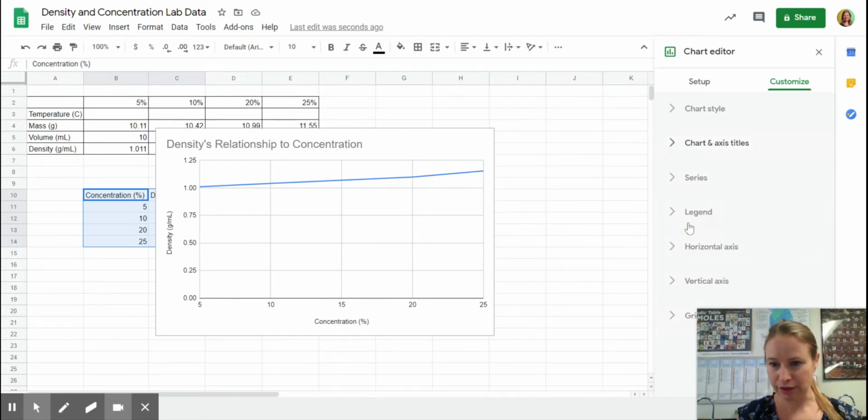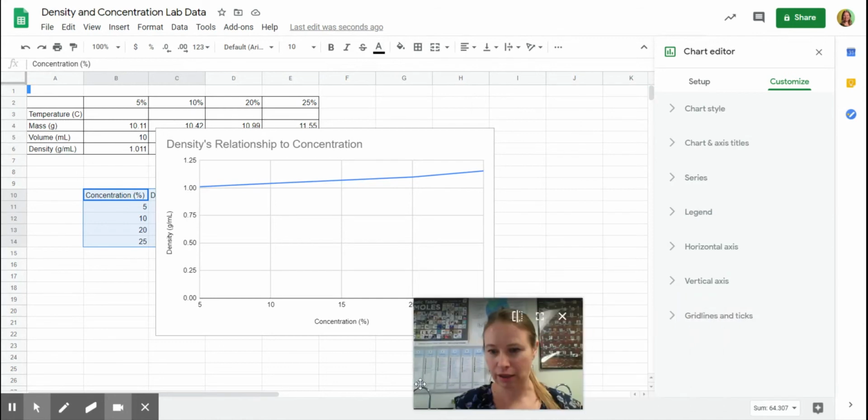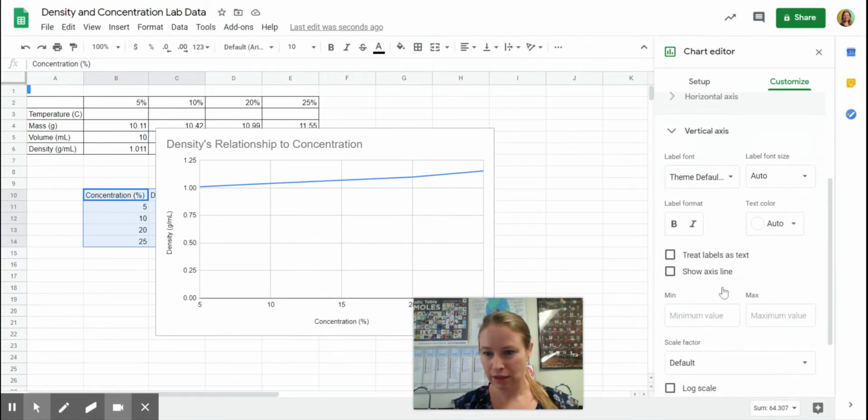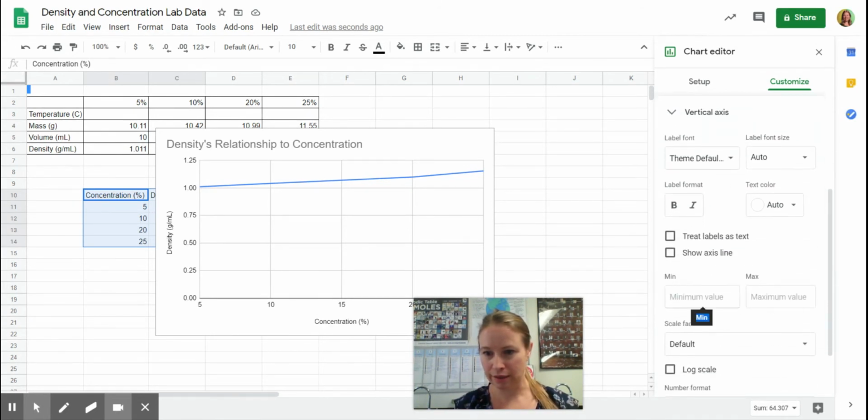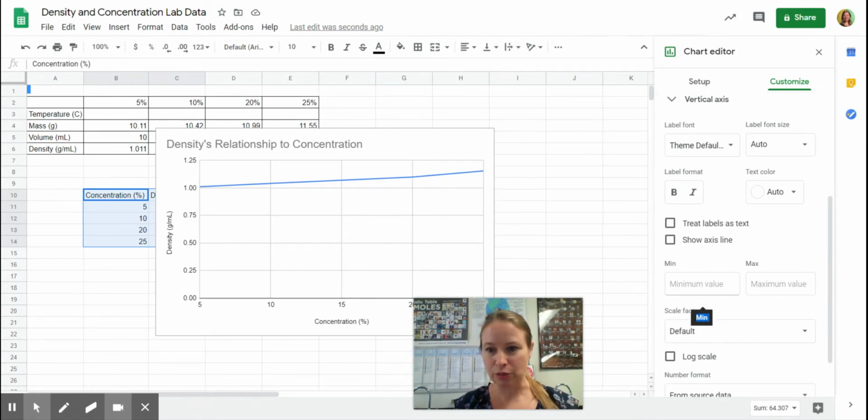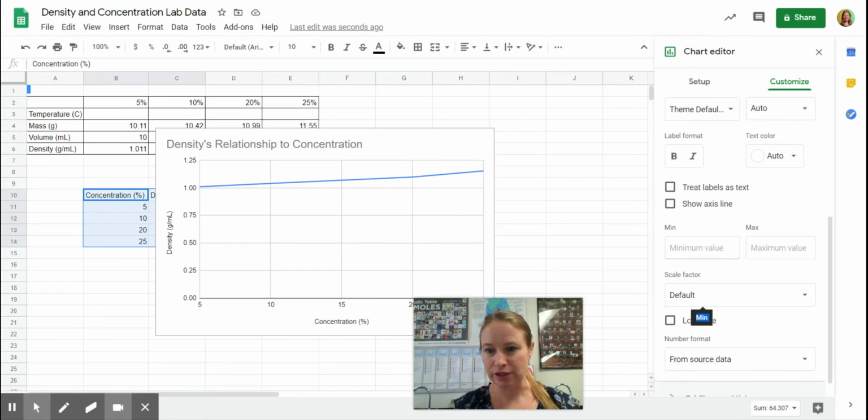So we are going to, let's move myself out of the way. Okay. That would be on the vertical axis. You know what? We do need more lines in there. Oh, here's the minimum, maximum.